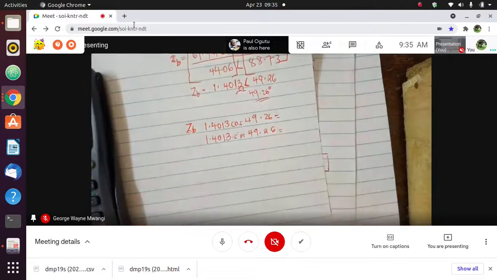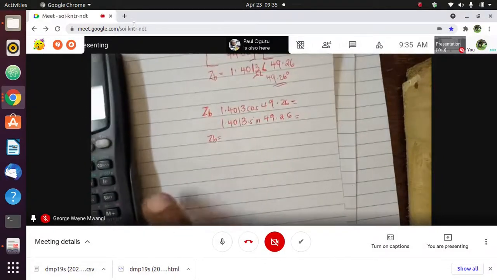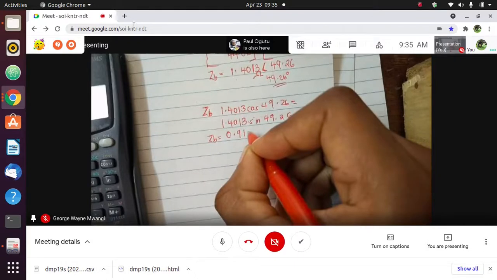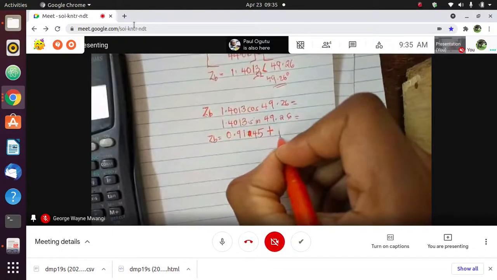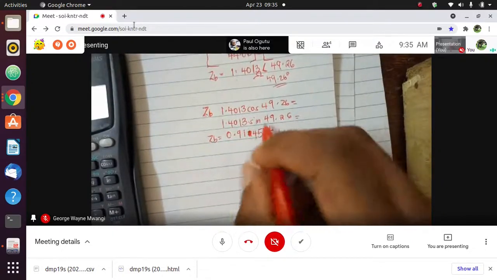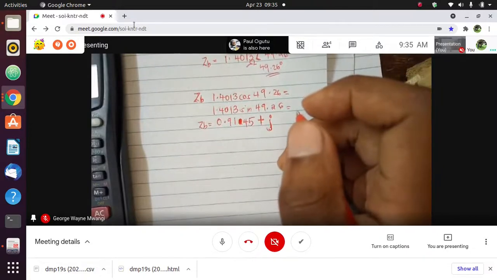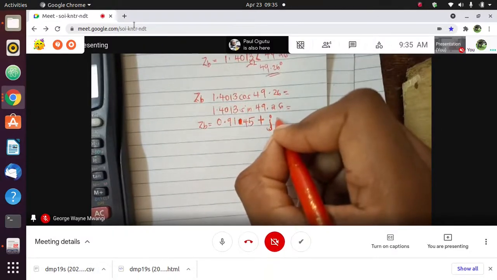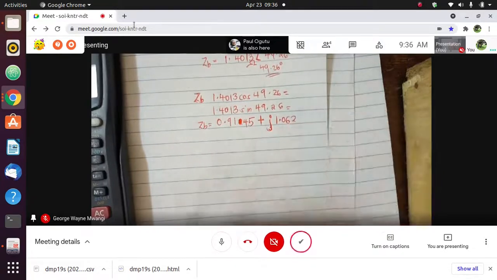This gives you the impedance due to the backward flux: for the real part, 0.9145, plus J, the imaginary part, 1.0662. Okay.